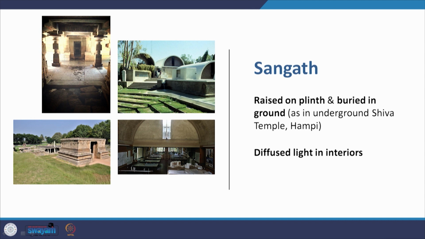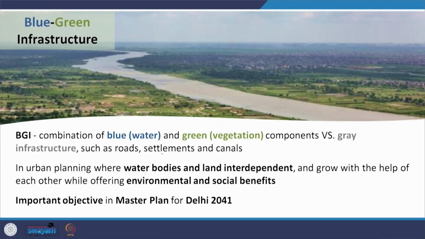So this is the Shiva temple at Hampi. This is the underground space that has been created in that temple, and here you rise up the plinth, then you go down into the subterranean structure, and this is the studio in the subterranean structure, and the light is filtering in from the barrel vault, and it's a diffused light.